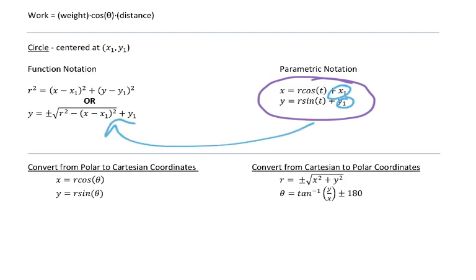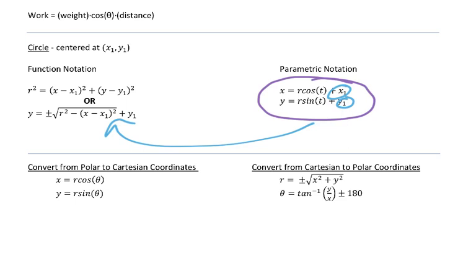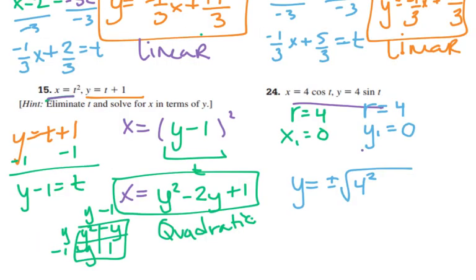And so then if we convert it over into this equation, that means that we're going to have y equals plus or minus the square root of 4 squared, and then we're going to subtract x minus 0 squared, so subtract x squared, and then add 0, but that's not going to change it.